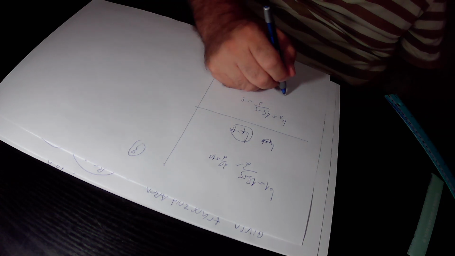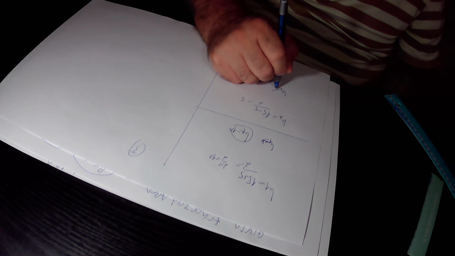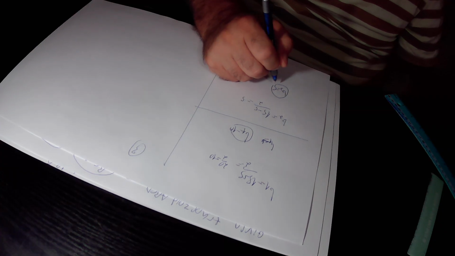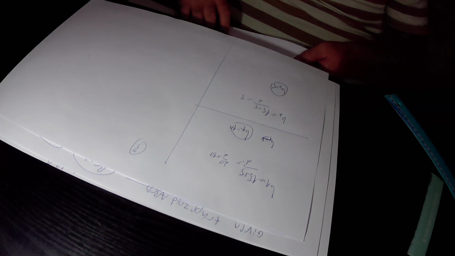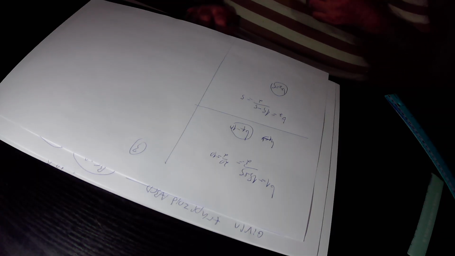So we found out that b2 equals 5, so we have two solutions for b. The first solution is b1 equals 10, and the second solution is b2, that is 5.